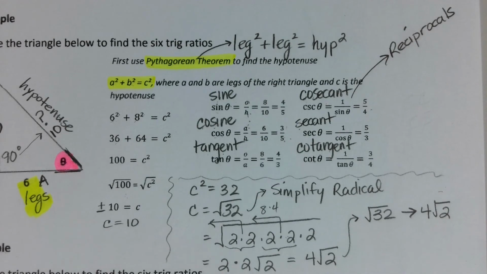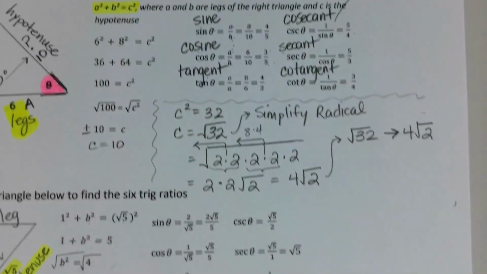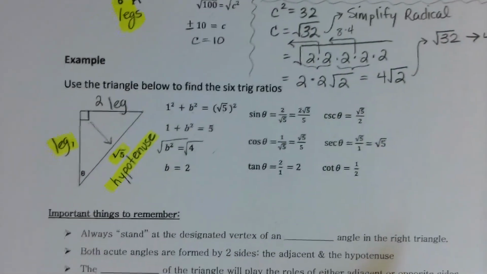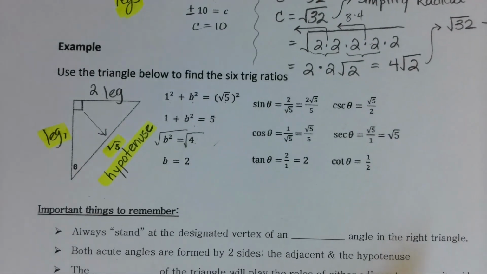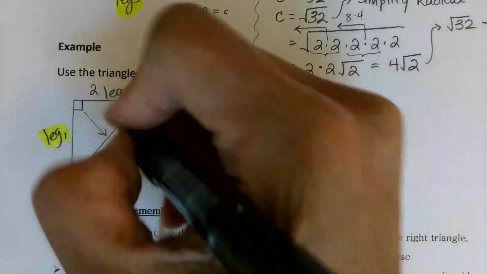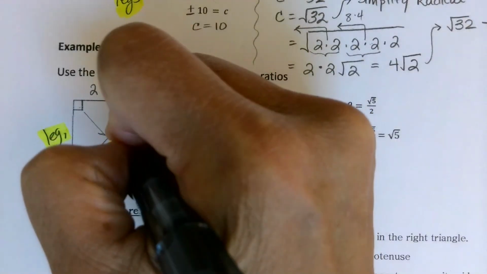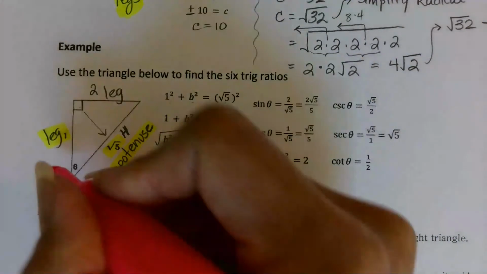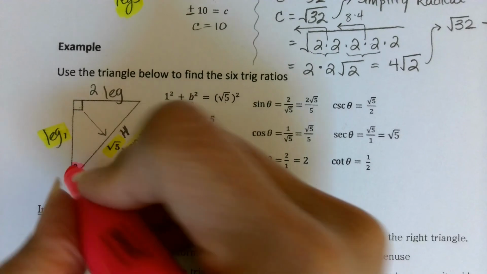All right, so moving down here to the bottom, we have another example here, and I won't waste your time here, but we'll do some labeling. If you're standing here, we knew that this would be our H. We are standing here as our point of reference. So this is our pink angle.